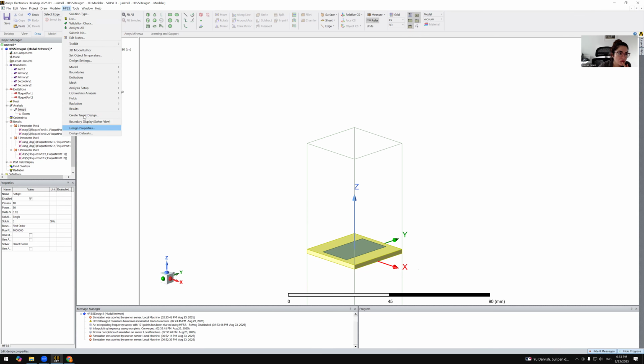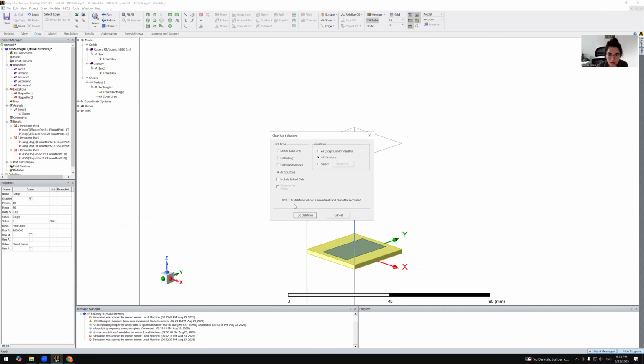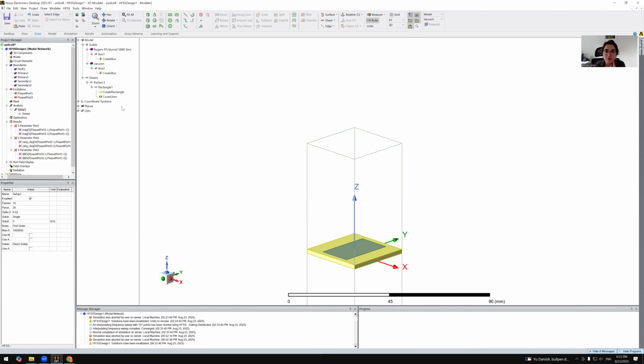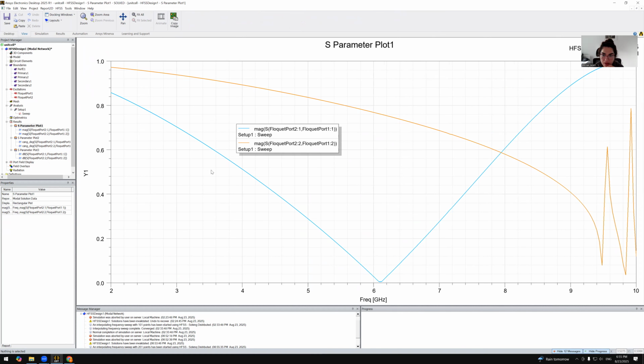So here I'm getting somewhere, guys. Okay, so let's do deletion, and then now we can see if this would work. Okay, so I simulated this again and let's look at this.